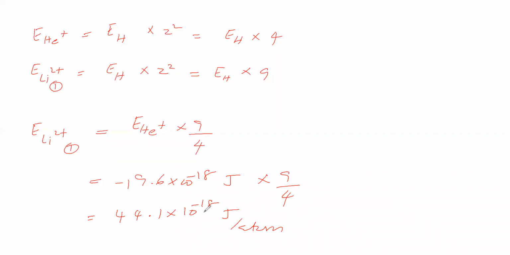Let us go to the next question. The ionization energy of a hydrogen-like Bohr's atom is 4 Rydberg.